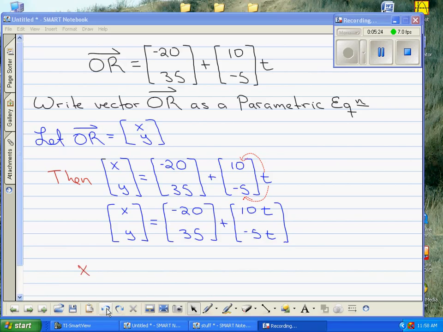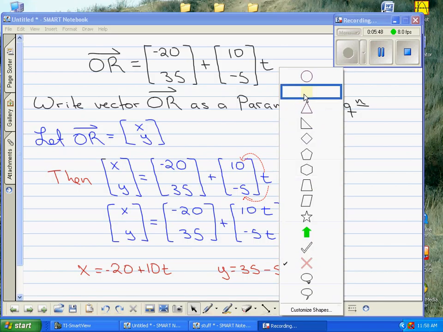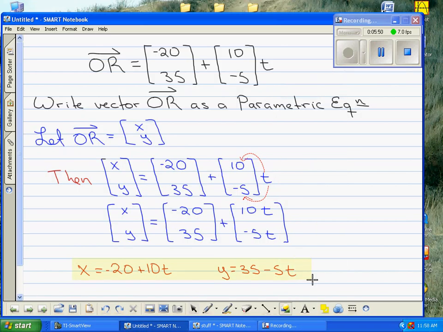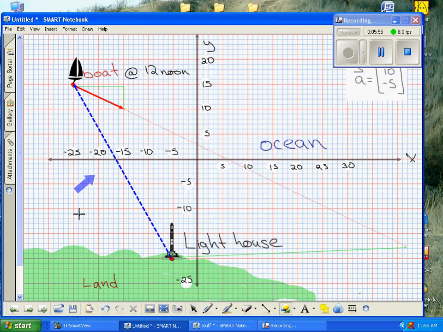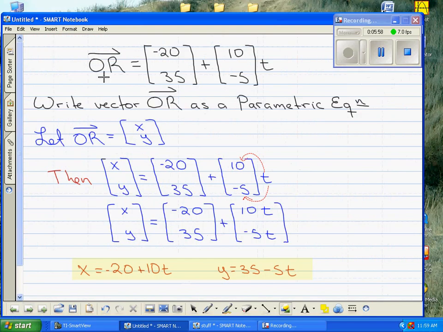So that means x is going to equal negative 20 plus 10t. And the y component of the parametric form will equal the y component of the vectors, which gives me 35 minus 5t. And this is our parametric form of this equation.